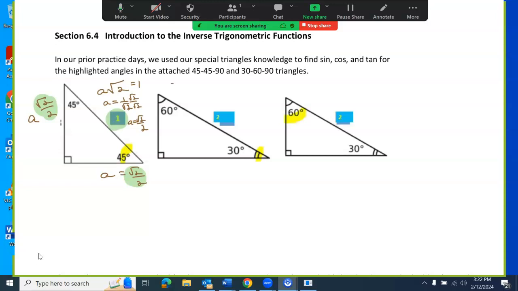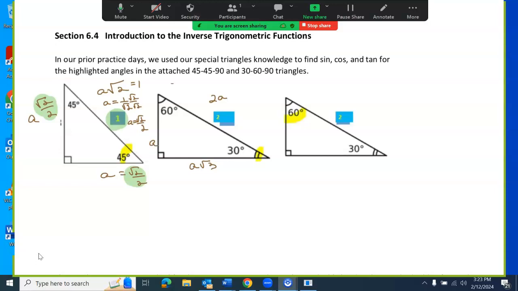All right, let's look at the next one. We're going to set these up first. This is a 30, 60, 90 triangle, and if that's the case, then this is the 2A side across from the 90 degrees. This is the A root 3 side across from the 60, and this is the A side across from the 30.